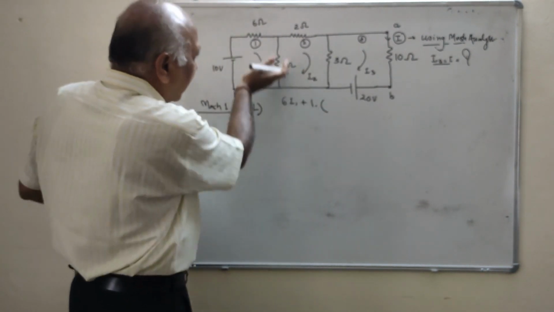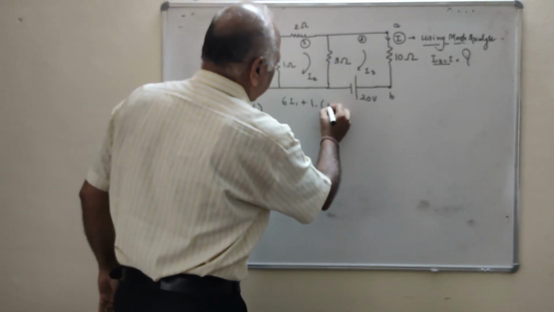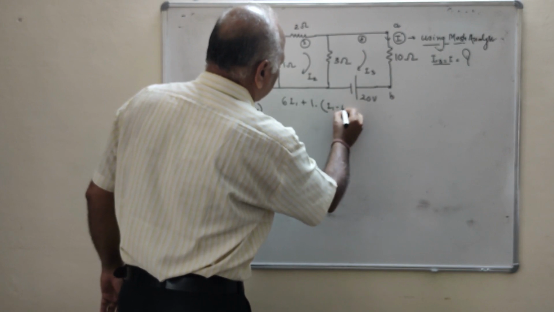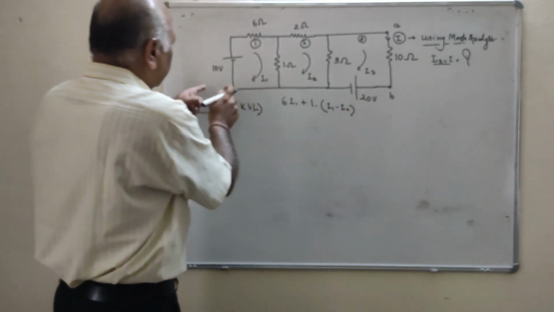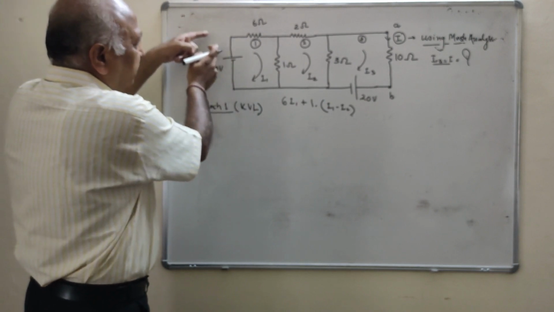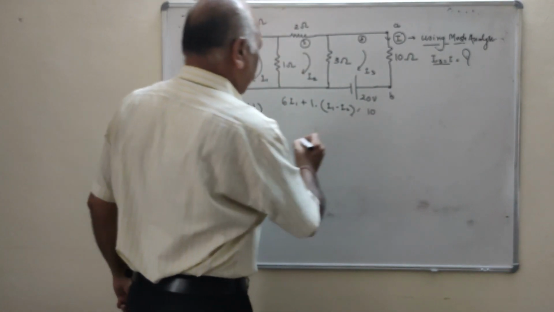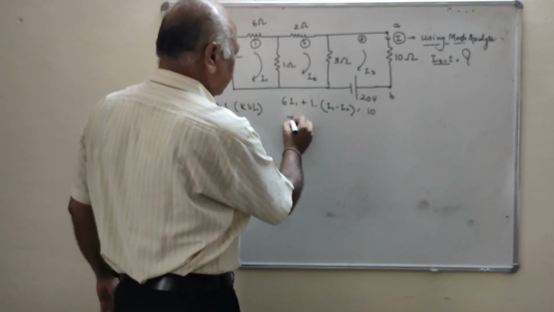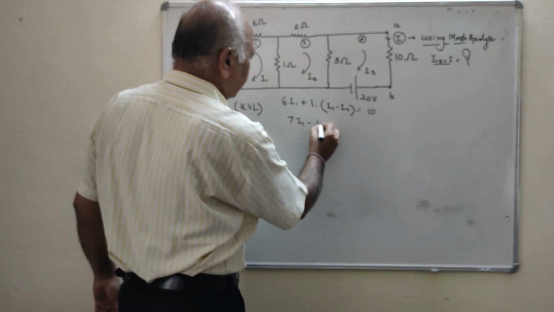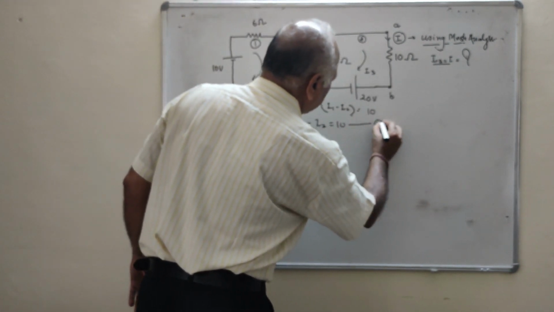I1 is downward, I2 upward. As I1 is dominating, it will be taken as positive. I1 minus I2. Here the current is coming from negative to positive, and it will be 10. If we simplify this, it is 7I1 minus I2 equal to 10. This is equation number 1.